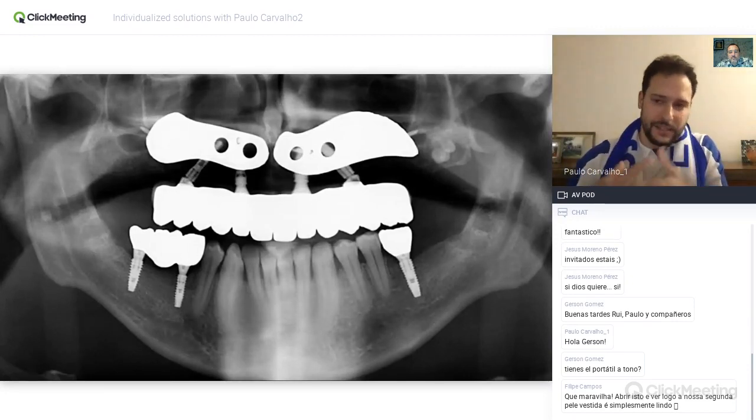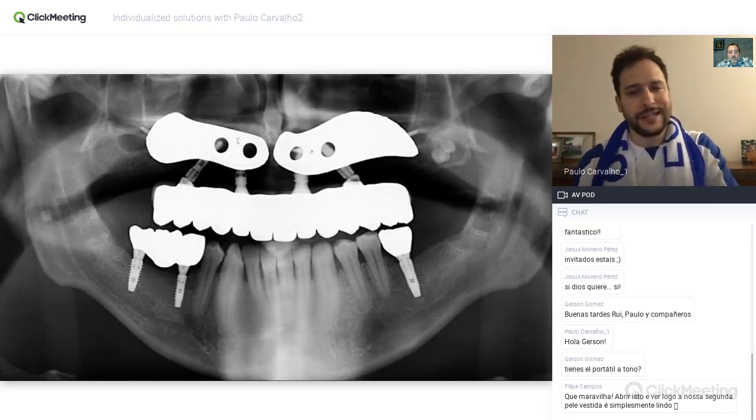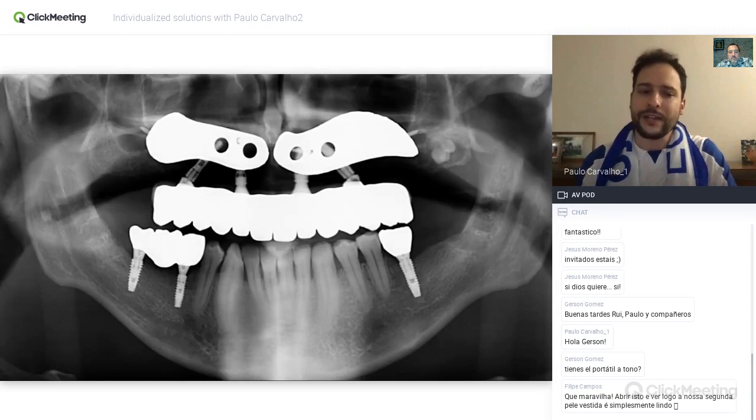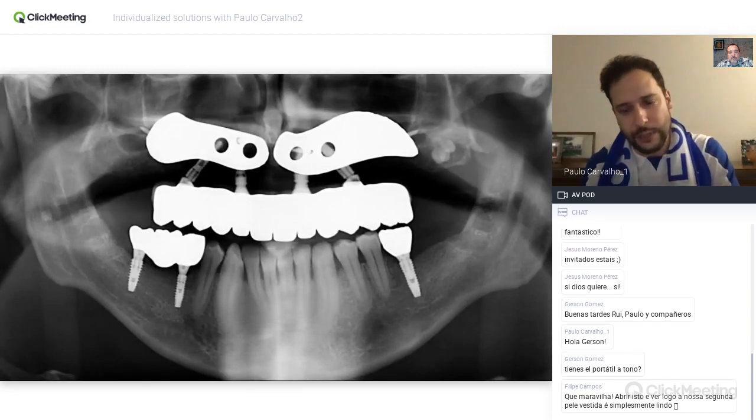And this is another example of how we can, more and more nowadays, start evaluating our patients, to assess the specifications of each patient, to know the challenges of each patient, and try to make use of these digital tools to create individualized solutions that will be adapted to the patient-specific anatomy.